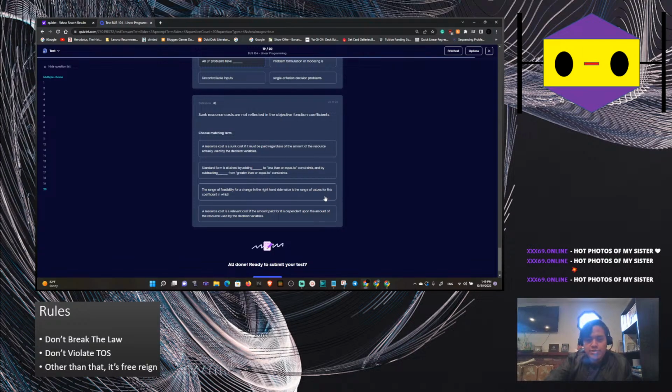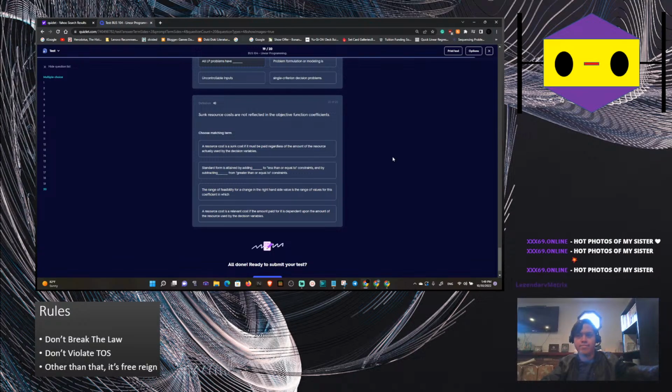The range of feasibility for a change. No, that's just wrong. So B and C are wrong, but A and D seem right. Which one do you think it is? In regards to the model, resource cost is... It's either A or D. Yeah, it's A or D. Yeah, I know, but which is it? I don't know.